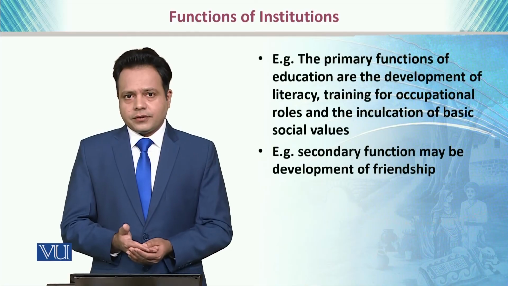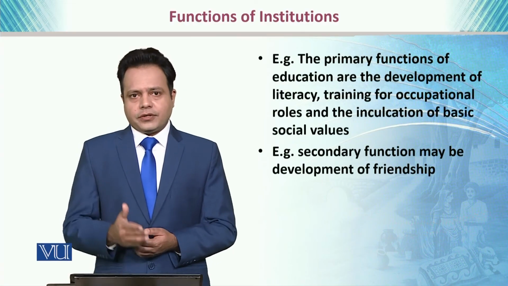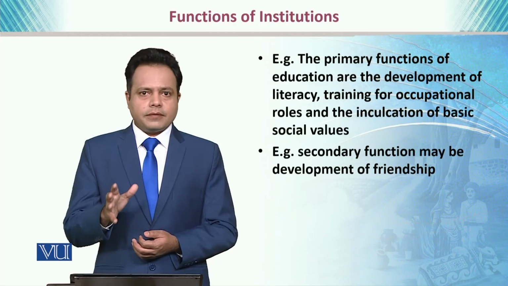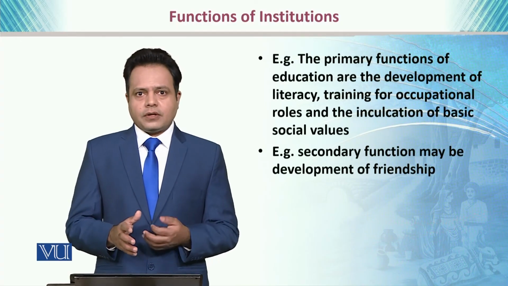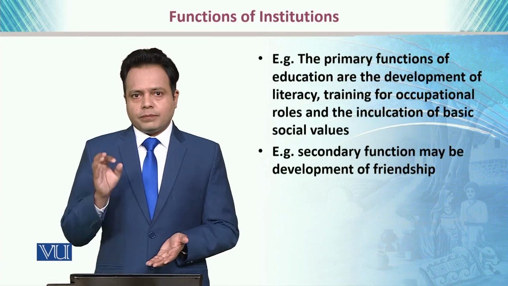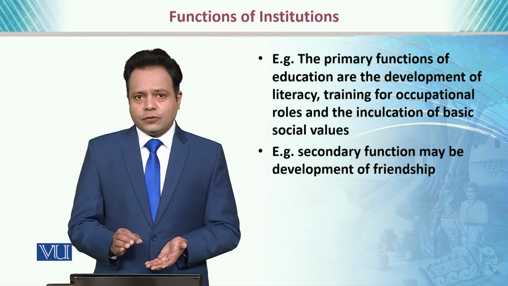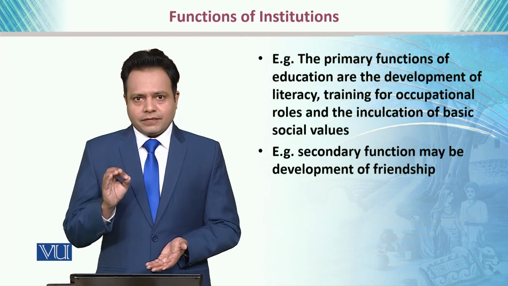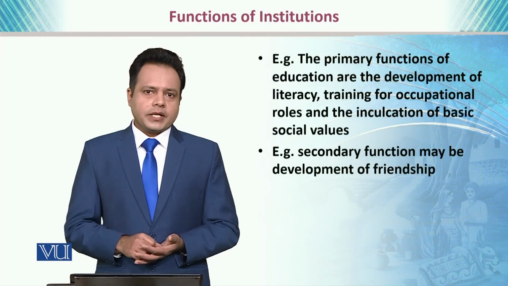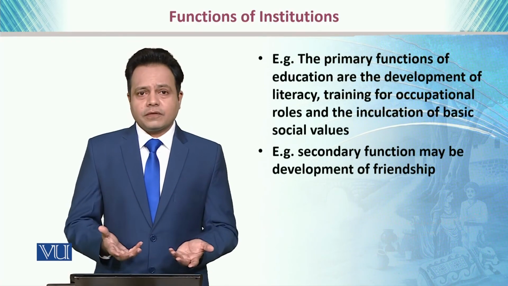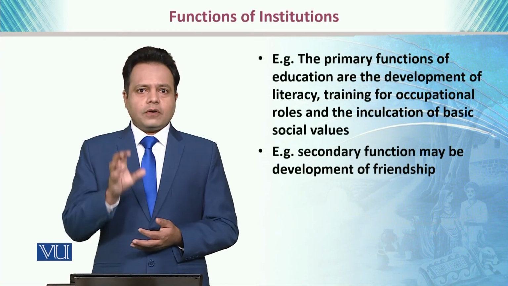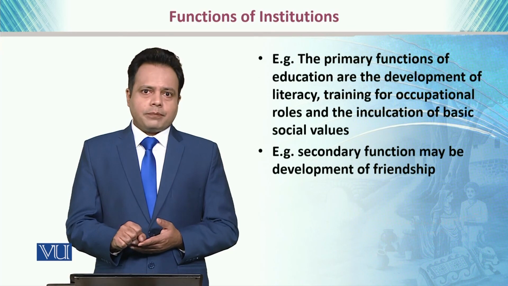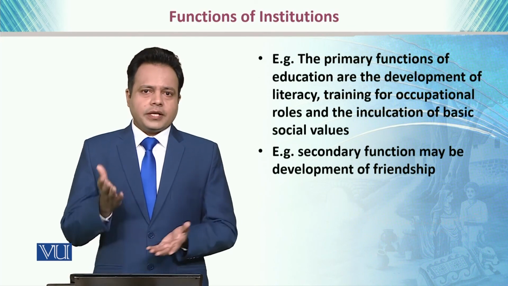Similarly, we find these secondary functions in other institutions as well, like the primary function of religion is to impart the religious values as well as faith and belief in human beings, whereas the secondary function, which is also very important, is to produce a mechanism of social control by producing the fear of god in them.